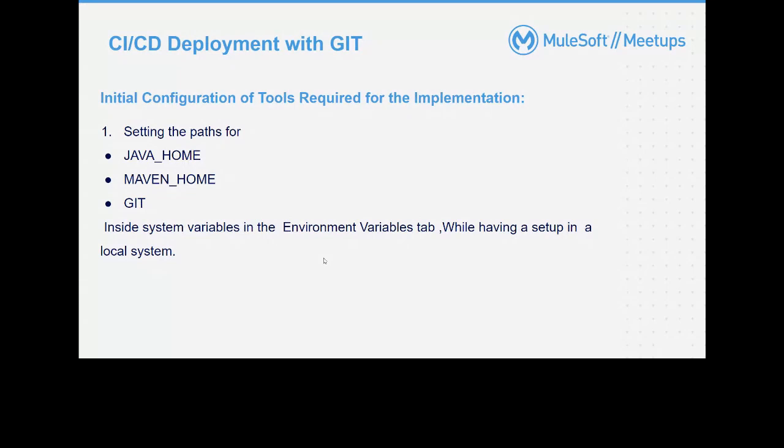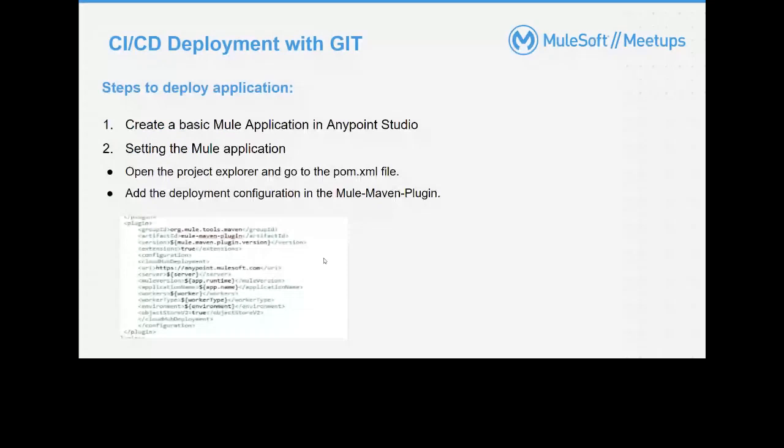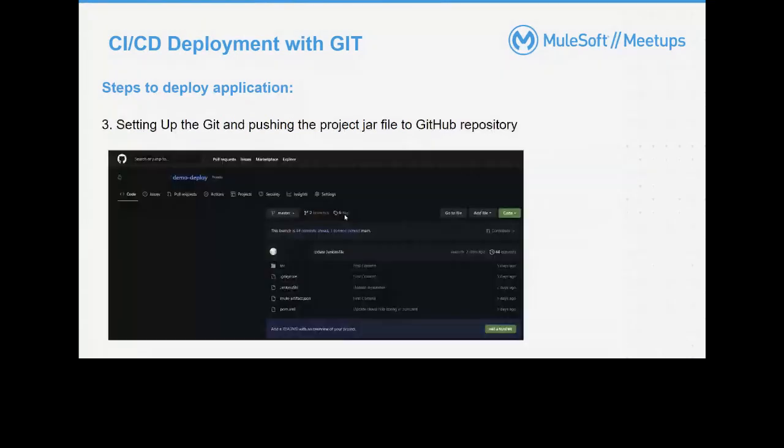So next slide, let's start with the demo and the steps for the demonstration. Firstly, we'll create a basic Mule application in Anypoint Studio. Then inside the POM file, we will add the deployment configuration, which I will explain in the demonstration. The third step is that we will push our project files to the repository.